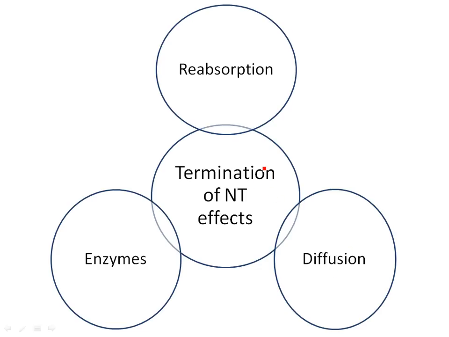Now, because neurotransmitters affect the second neuron, you cannot leave neurotransmitter sitting there forever. So there are 3 ways we get rid of neurotransmitter once we've dumped it out. One is reabsorption, the other is with enzymes, and the third is diffusion. One of the enzymes is acetylcholinesterase. ACE at the end means enzyme.